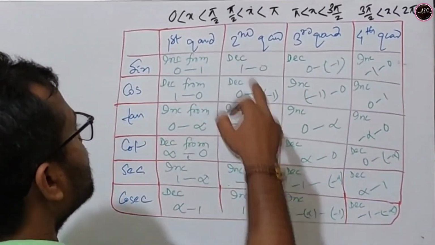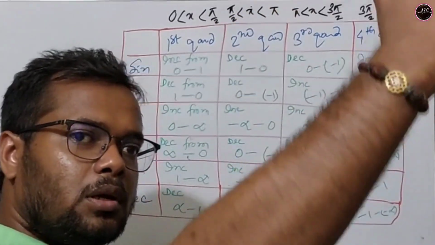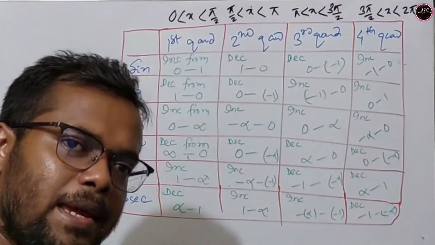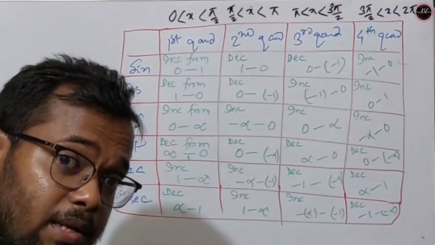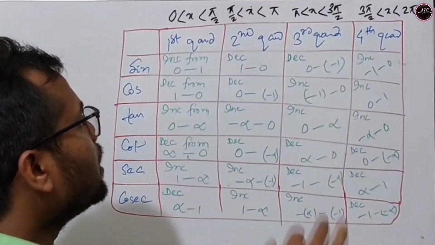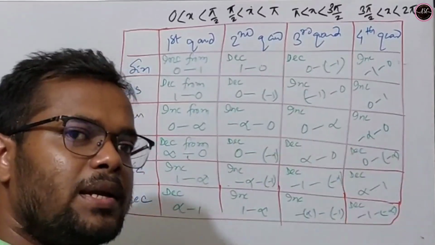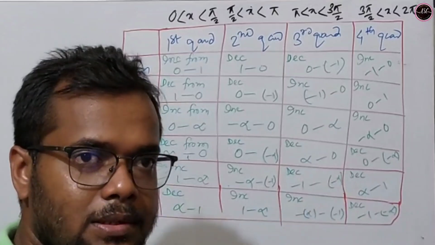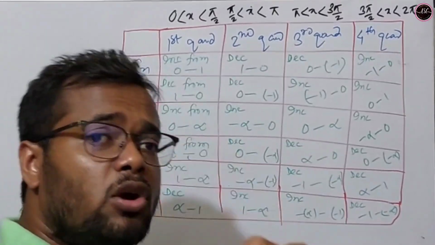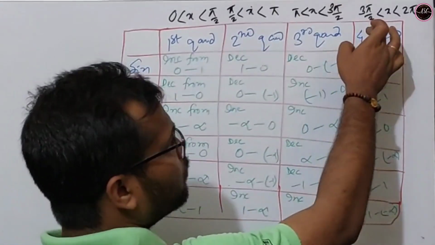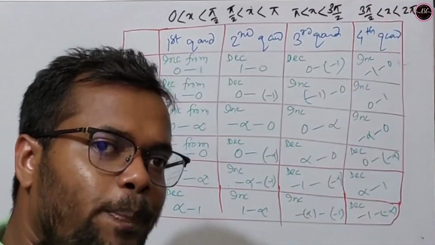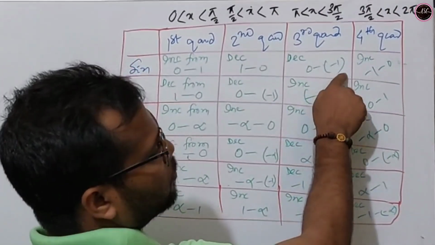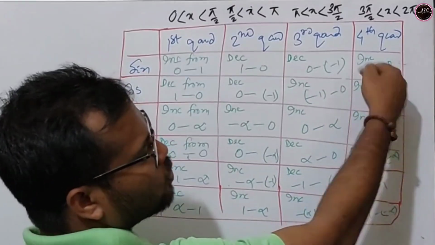In the second quadrant, x is increasing, but the value of sin decreases from 1 to 0. In the third quadrant, x increases from pi to 3 pi by 2, and sin x decreases from 0 to -1. In the fourth quadrant, x increases up to 2 pi, and sin x increases from -1 to 0.